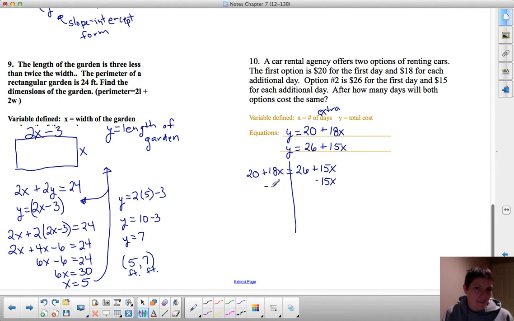I'm going to subtract my 15x from both sides. And we're going to cheat a little bit, and do 2 steps at once to save a little bit of time, because Elizabeth would like to play. So that we end up with 3x is equal to 6.